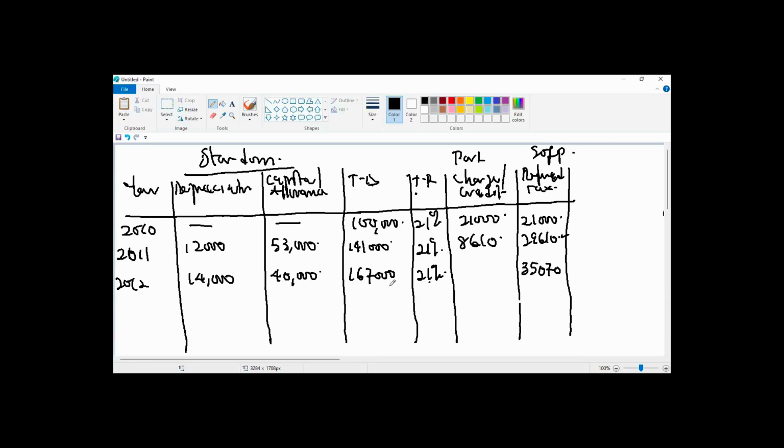Or I use the 26,000 directly times 21% to give me the charge, and add it to the opening balance to give the closing. That's all.